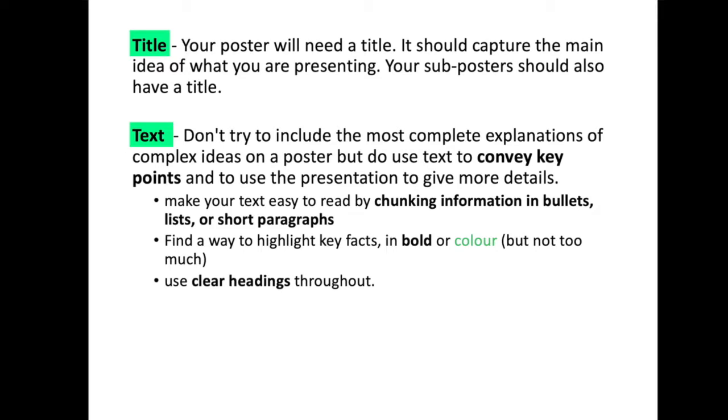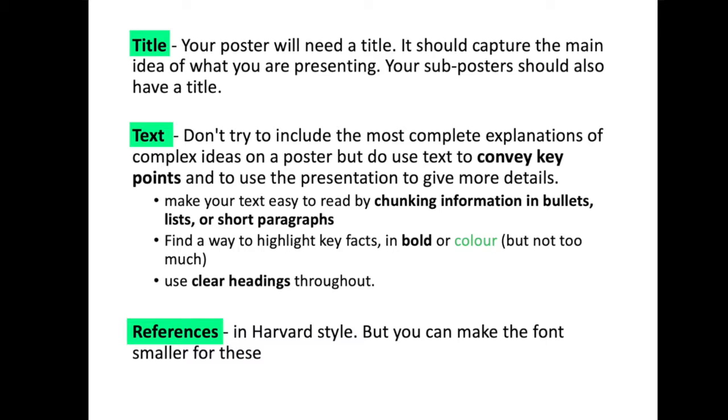This will help the readability and conveying the information. Along with a title for your overall poster, you also want to have clear headings for the different sections of your poster. And finally, for each section of your poster, you want to make sure that you have references that state where that information is coming from.